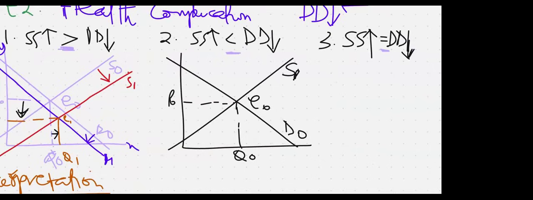Okay, so let me draw my supply curve. Supply will still increase. That's the one thing you should know. Still, supply is increasing, demand is decreasing throughout all the 3 stages. You can see the supply arrow up, which is increasing, demand arrow down, decreasing. So that doesn't change.